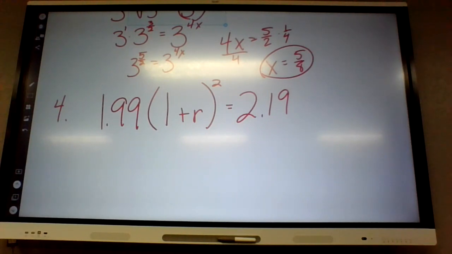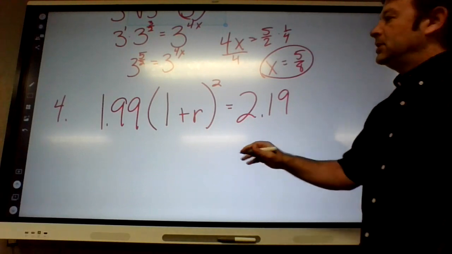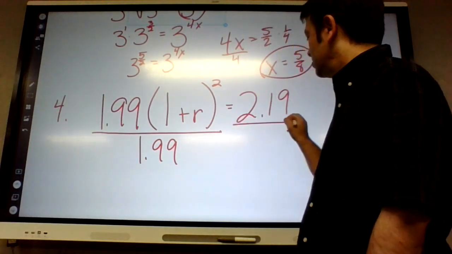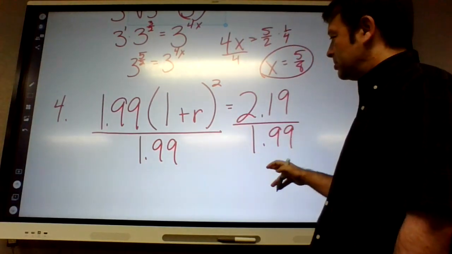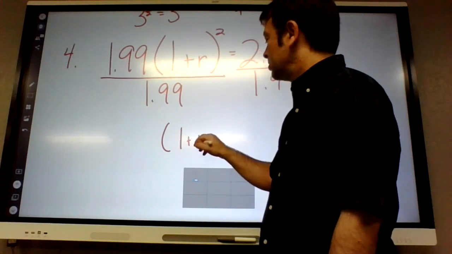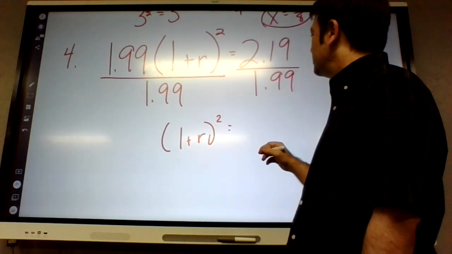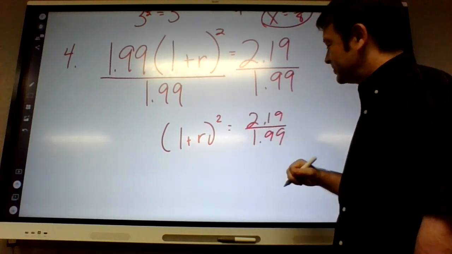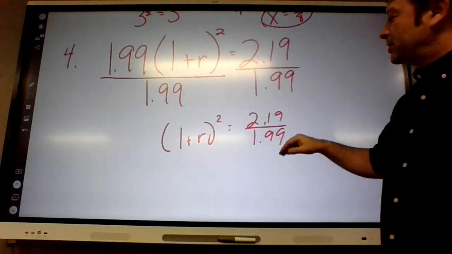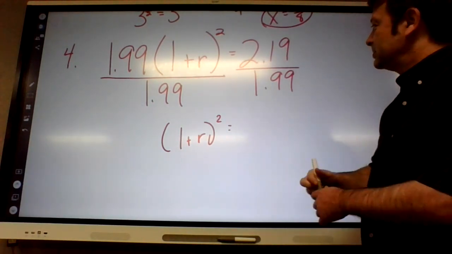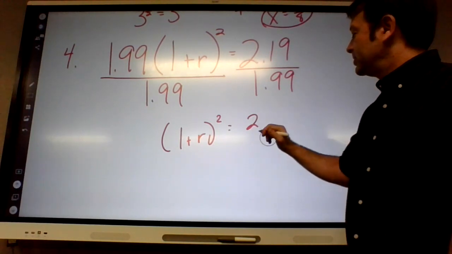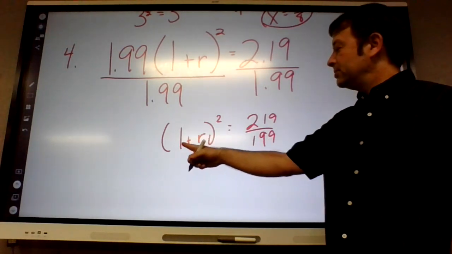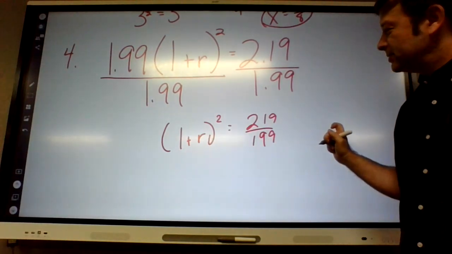Alright. Now what do we do? Divide by $1.99. I'll just leave it like that for now. It's a mess. Decimal, I guess. Okay, anyways, what do we do now? Square root.